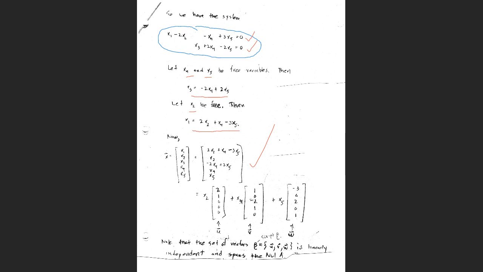Okay, and this helps me. Here's my vector x. My vector x consists of 5 variables. What are those 5 variables? Here they are, based on what I did up here. And then I write the solution vector x in parametric vector form. Let me give you a moment to catch up here.